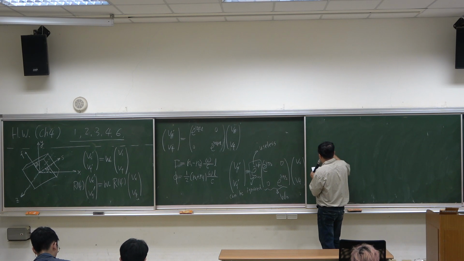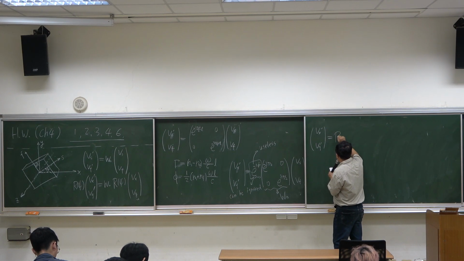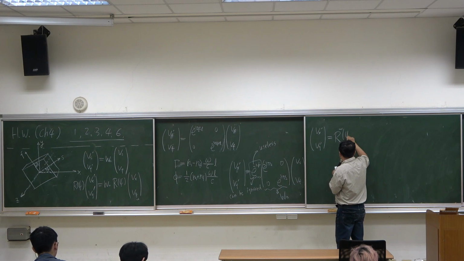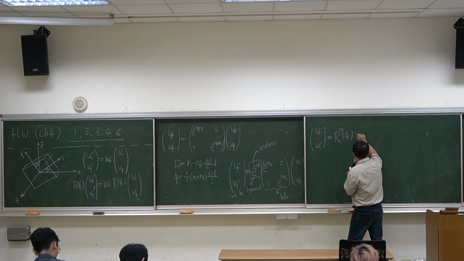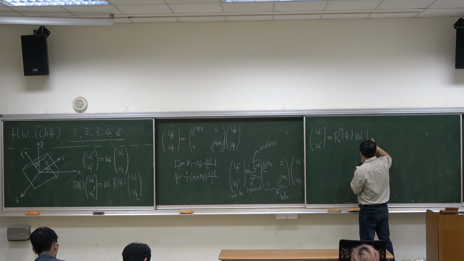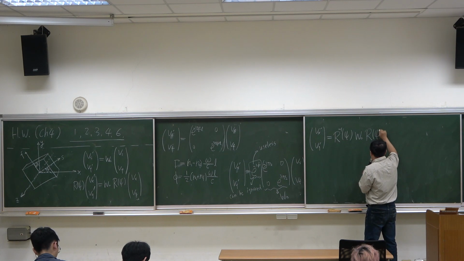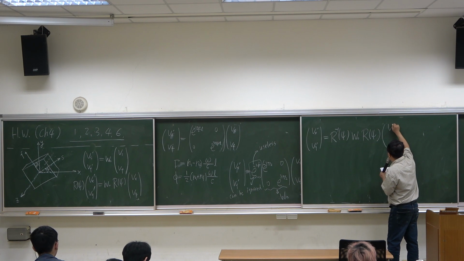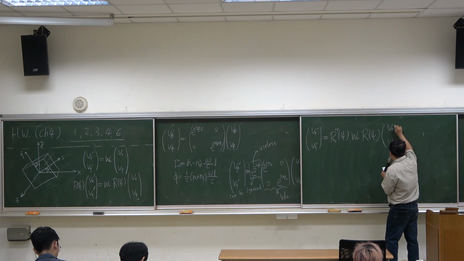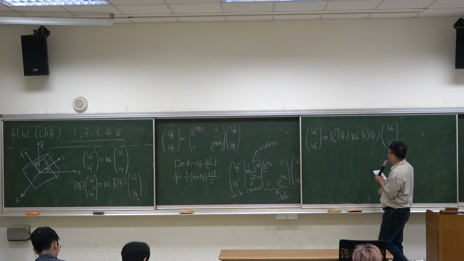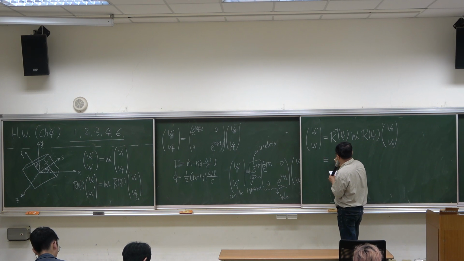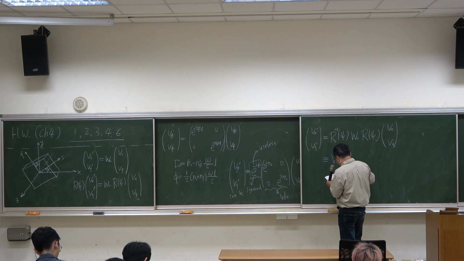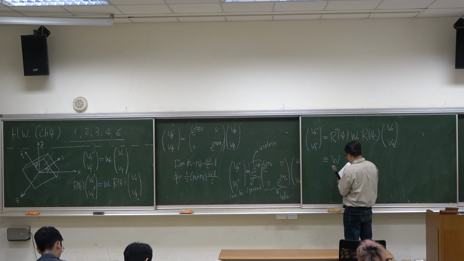So finally we have (Vx prime, Vy prime) equal to R inverse psi times W0 times R psi times (Vx, Vy). Okay? And we can define this as W times (Vx, Vy).